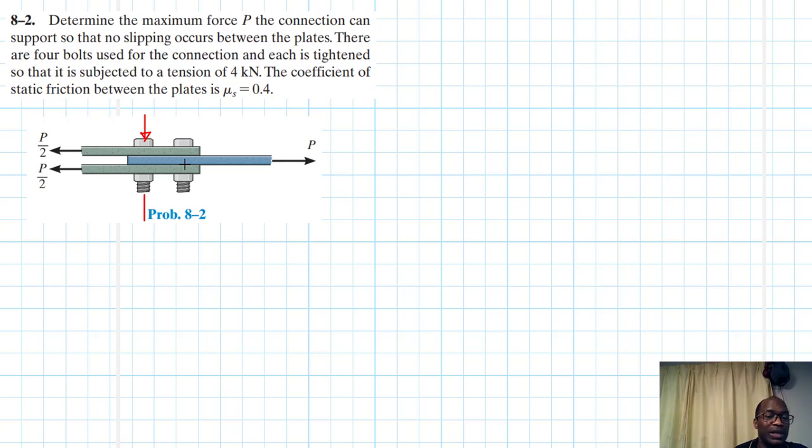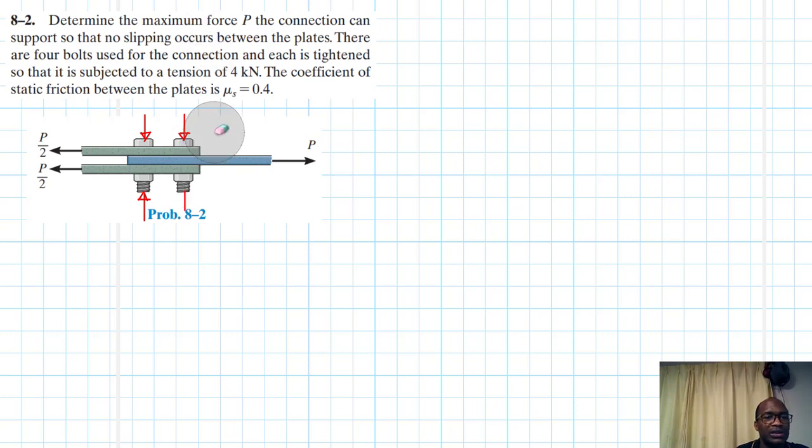They are tensioned, but they are exerting a compression force on the plates. But the bolts are experiencing some tension in them. So this is what is happening there. This is the resultant on the plates.